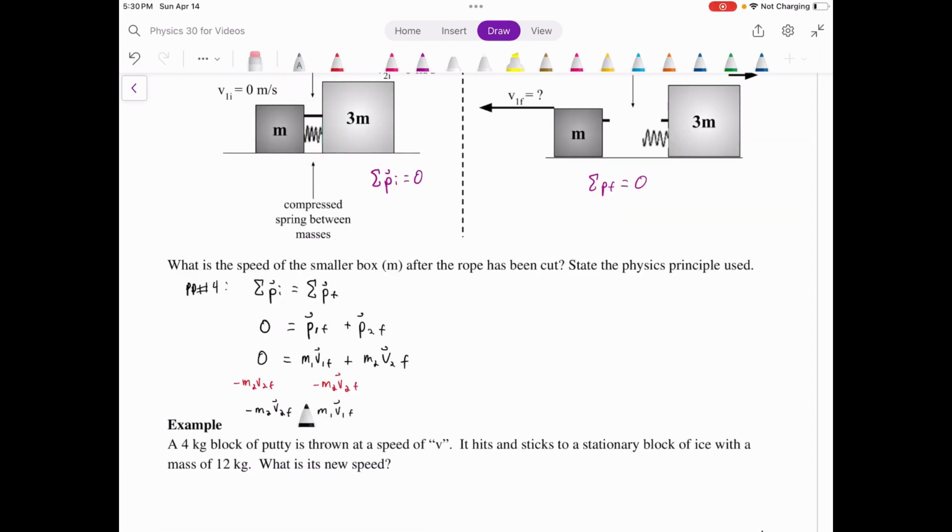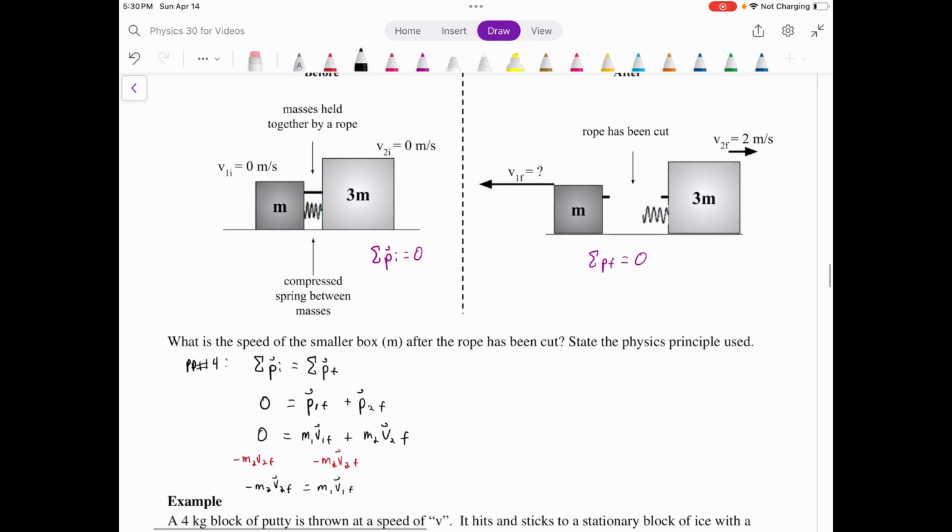Subtracting object 2's momentum from both sides gives us a statement. Look at this, this is the physics speaking to us through the math. This statement actually makes a ton of sense. If there was 0 momentum initially, which we know there was, and then afterwards one of the objects does have momentum, the other one must have the same amount of momentum but in the opposite direction, so that momentum is conserved and total initial momentum equals total final momentum.